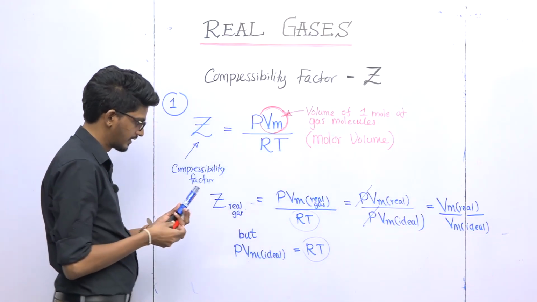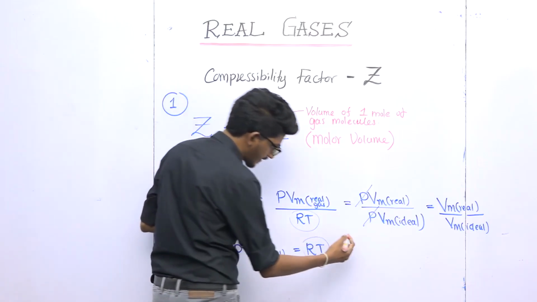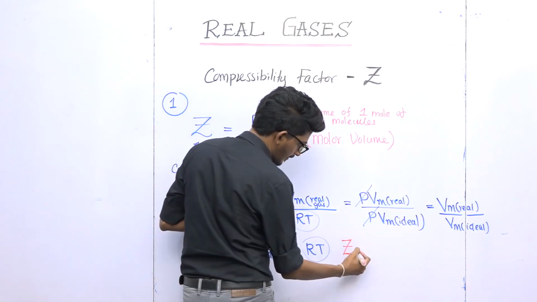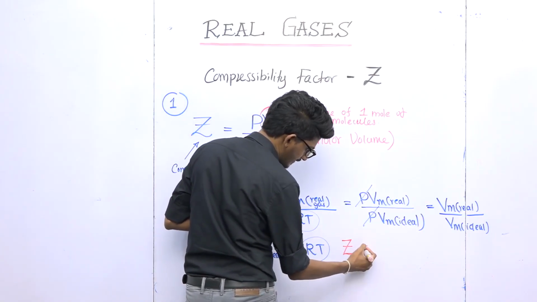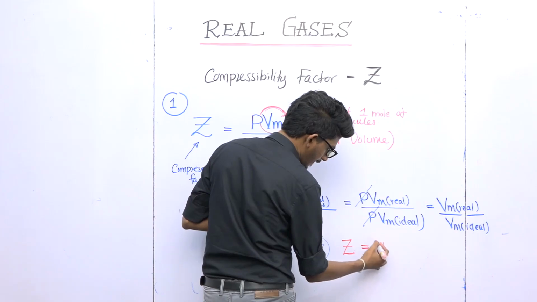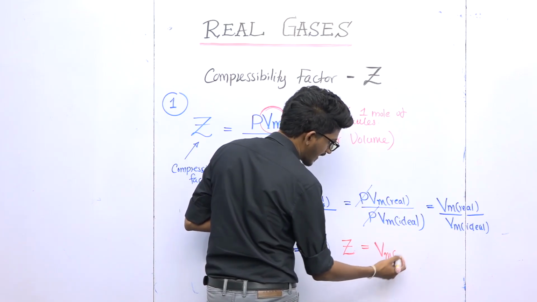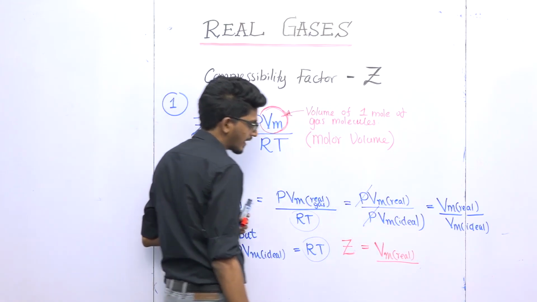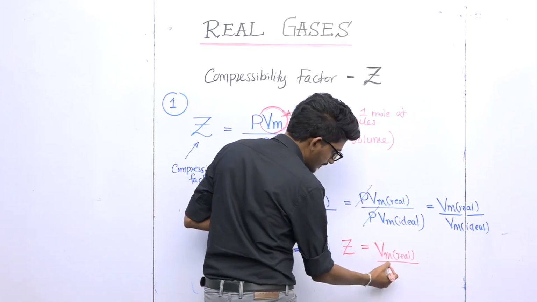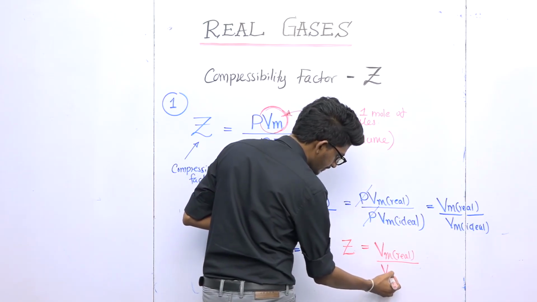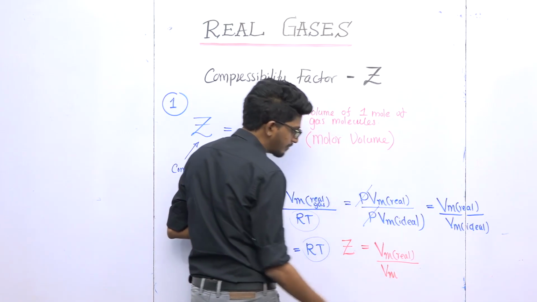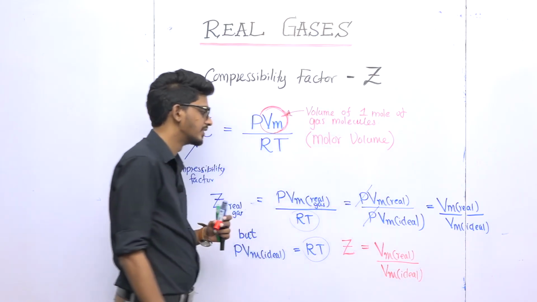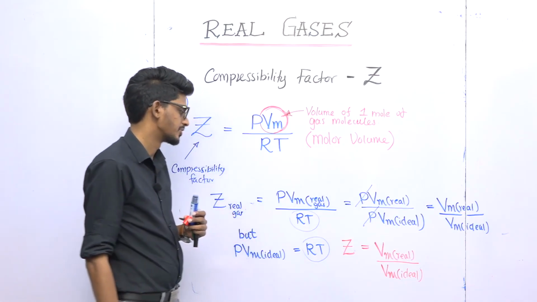Right? So I'll take the final conclusion. One can say Z of a real gas or considering gas is equal to the molar volume of that considering gas, divided by the molar volume of that gas if it behaves ideally, at the same temperature and pressure.